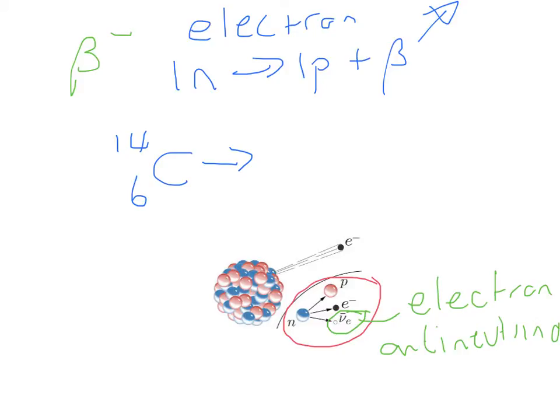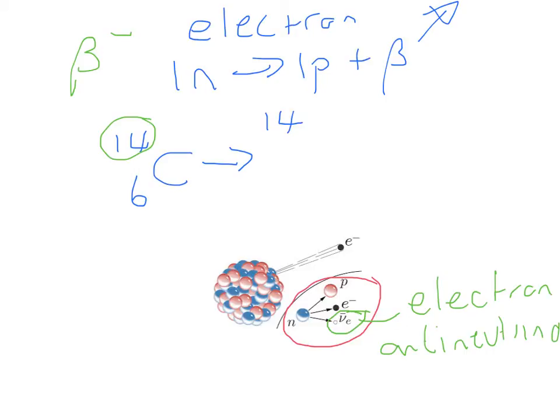So if you think about the mass number, first of all, of the nucleus that's going to be left over, it's lost a neutron, but it's gained a proton. The mass number is the number of protons plus neutrons, so that is actually going to stay the same. Okay, so in beta minus emission, the mass number stays the same.